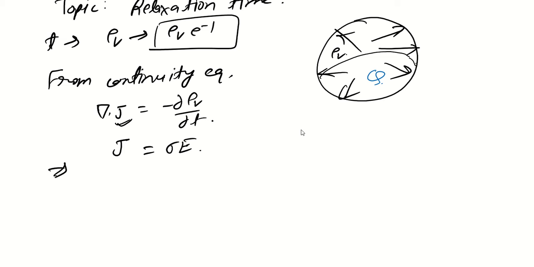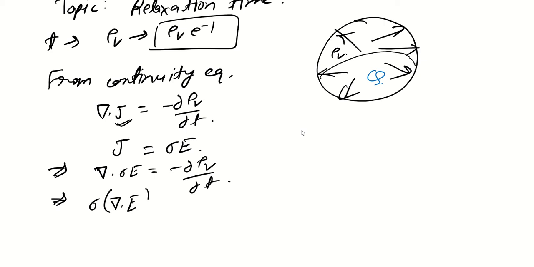Putting both equations together, del dot sigma E is equal to minus dou rho v by dou t, and we can take sigma common because sigma is constant for any material. So del dot E, we get, is minus dou rho v by dou t, sigma times. This is the relation that we have got right now.